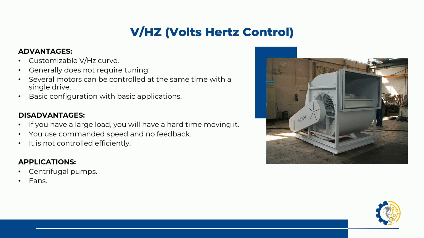We're not going to calculate that. So then what does it do? It generates the control type by modifying every variable between volts and hertz. Both of them are completely modifiable.